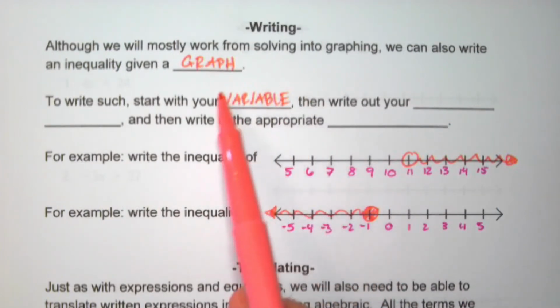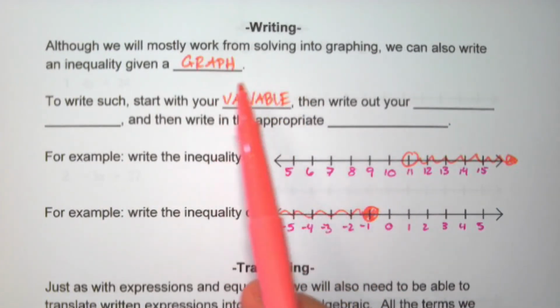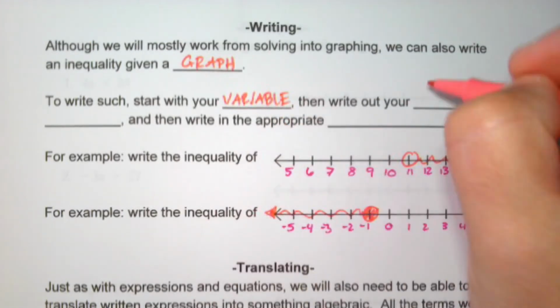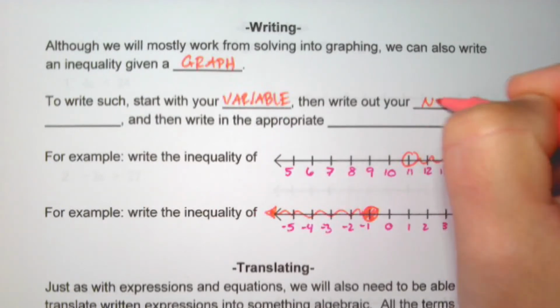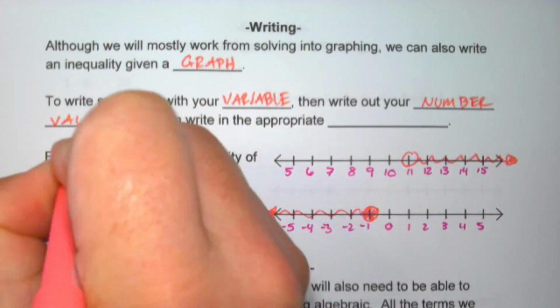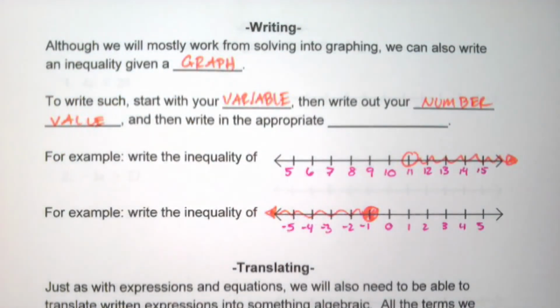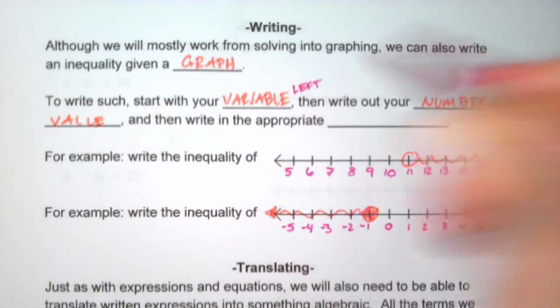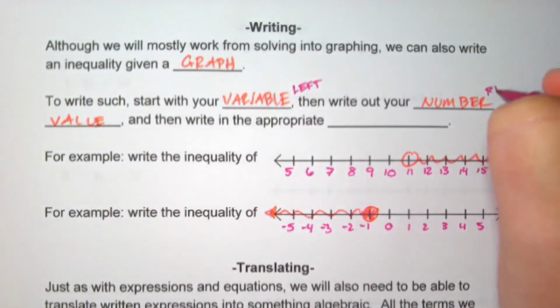For when we write it, we're always going to start with our variable, and we're always going to keep that to the left. Standard form for equations, that's going to be standard form for inequalities. Then once you have the variable, we're going to write out that number value. And that's going to be to the right. So variable is to the left. That number value is to the right.